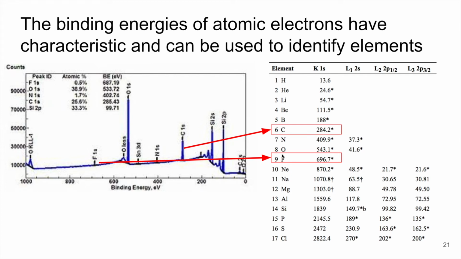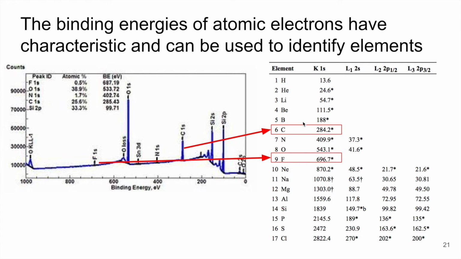So here, if we look at this peak right here, this is about 285 electron volts, and this is binding energy. One thing you're going to notice, we'll talk about this more, is that binding energy increases to the left, which is something new. And then we have counts. So we're looking at a spectrum, and we can tie this peak to the carbon 1s peak.